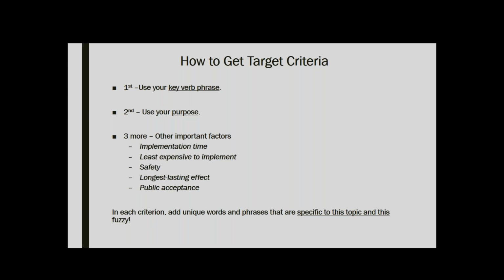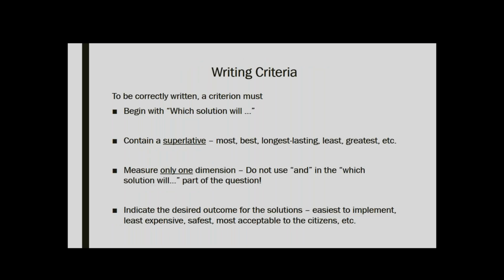In each criterion, you want to add unique words and phrases so that it is only going to go with this future scene and this topic. Again, there are some guidelines that kind of help you do that. The first thing is which solution will is at the beginning, and it needs to have a superlative: most, best, longest lasting, least expensive, greatest, etc. Good English lesson on superlatives.